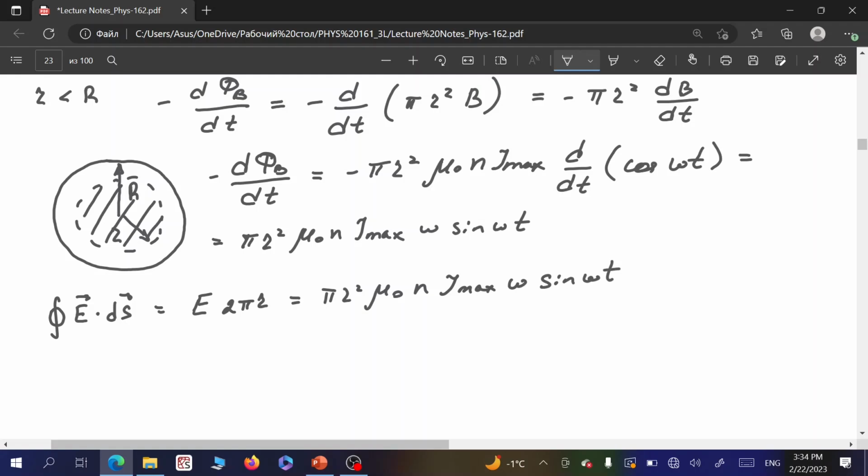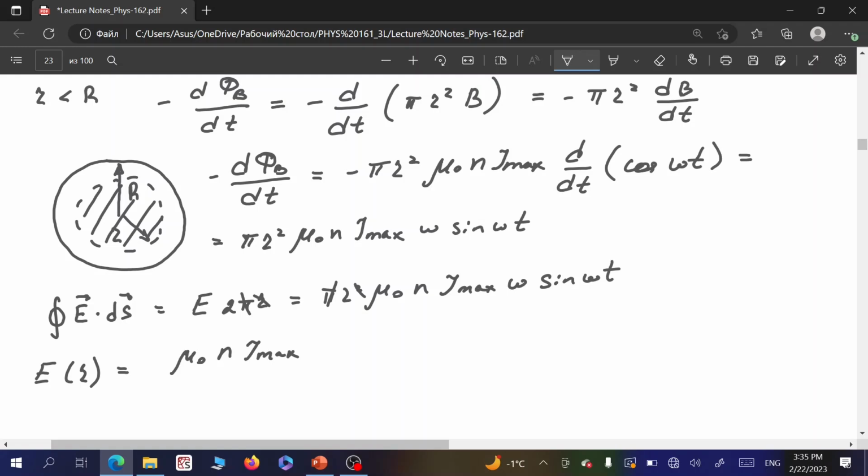And finally, we have the expression for the induced electric field inside the internal volume of the solenoid. It will be mu naught times n times I maximum, because we cancel this pi, cancel this r and this second power.